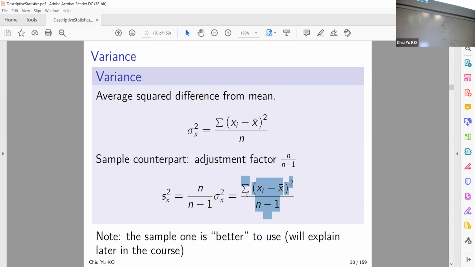You can see what happens with a smaller sample. Suppose you just roll once. That's one observation, and the variance is just 0.